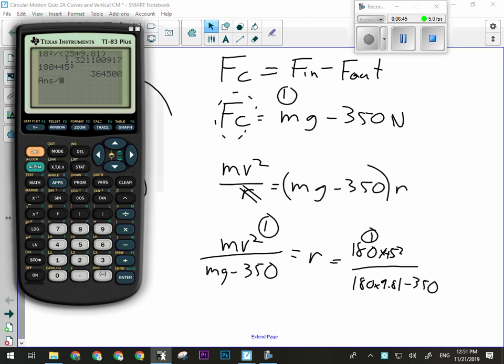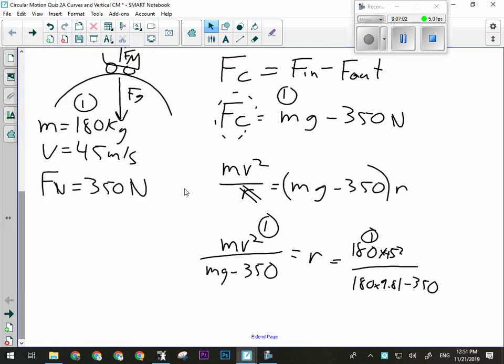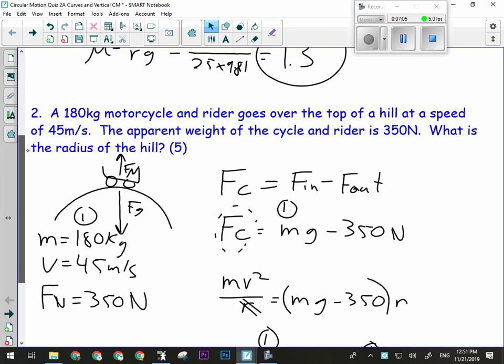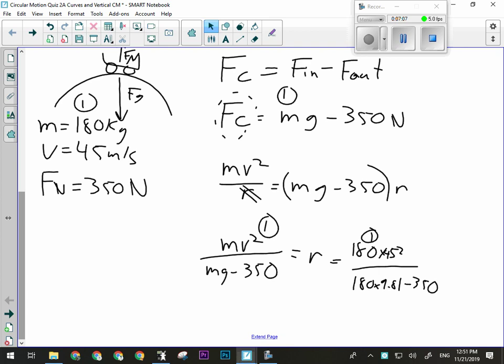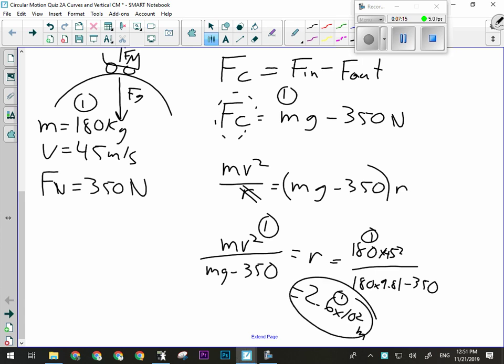So we're looking at a hill that has a radius of 257 meters, but we only have 2 significant digits, so that answer is actually going to end up as 2.6 times 10 to the 2 meters. That's their fifth and final mark.